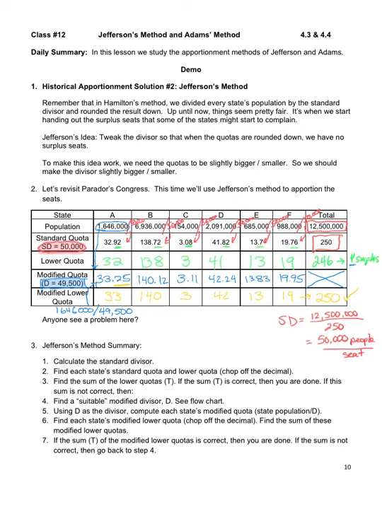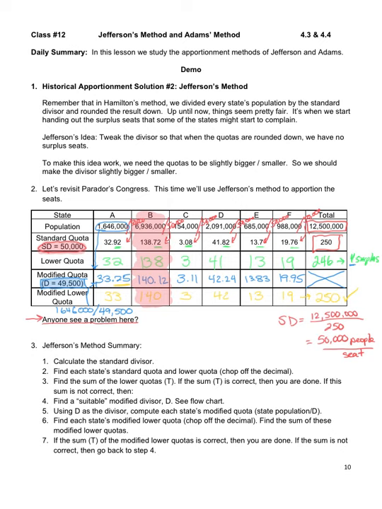But Jefferson's method isn't perfect. In fact, there's a problem here that people noticed when they first started using Jefferson's method for apportionment. And the problem is with state B. If you take a closer look at this column, you'll notice something a little funky happened.